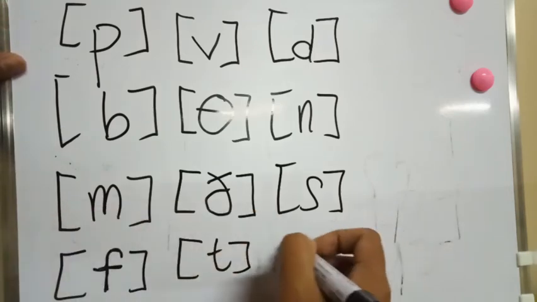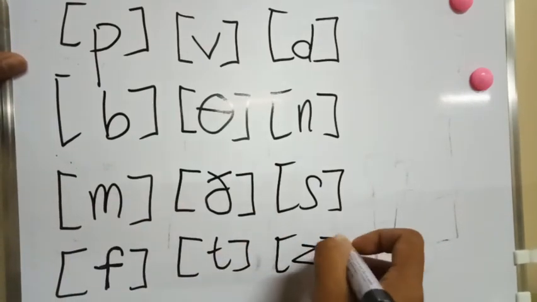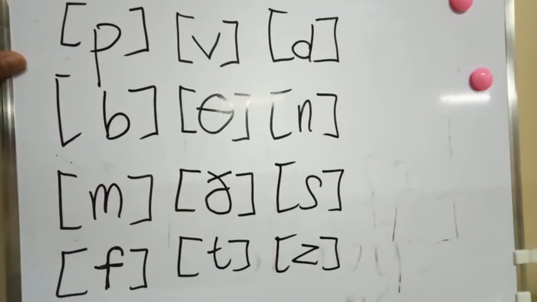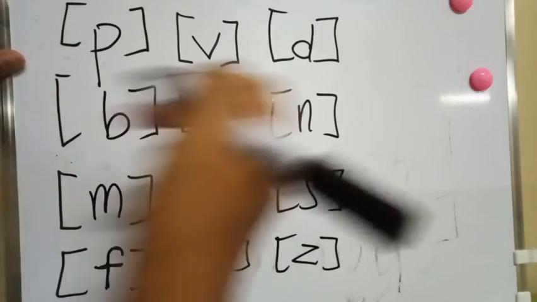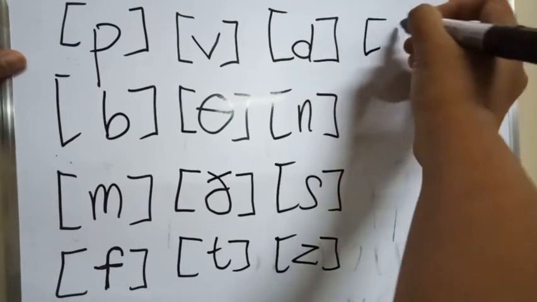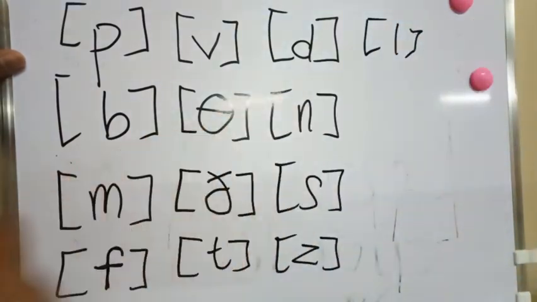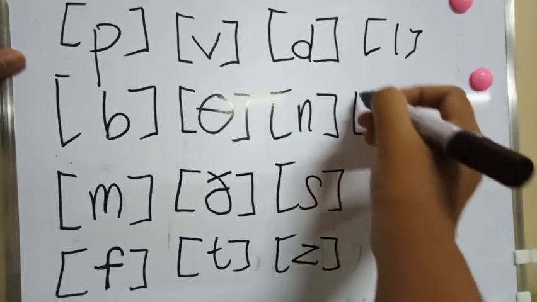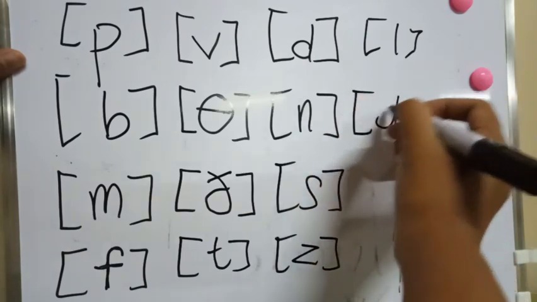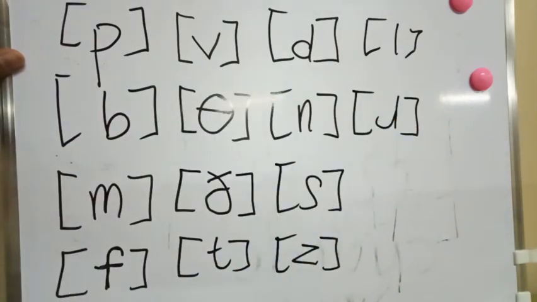Then we have the symbol z. When you say zip, zebra, buzz, crazy. Next, we have this symbol. That's l, as in when you say line, bill, relying. Then we have the inverted R, which is pronounced as r.